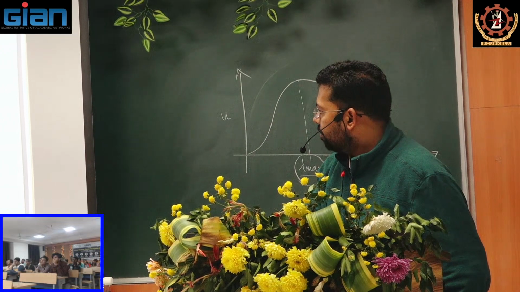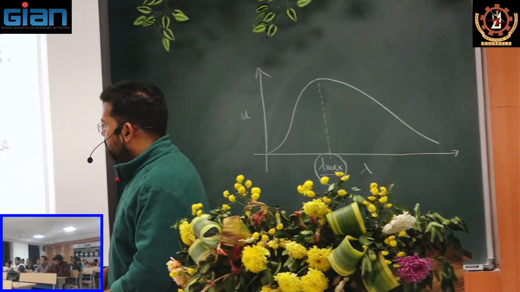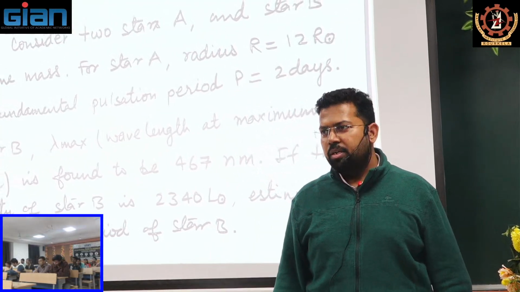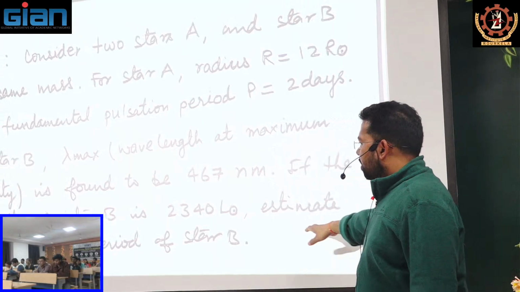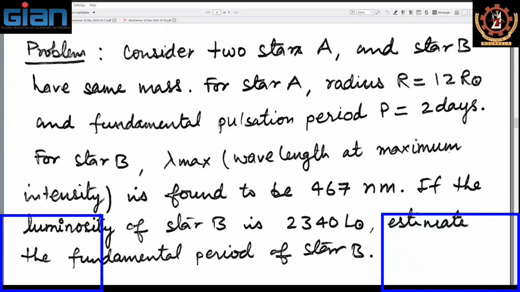Now, the luminosity of star B is 2340 times the luminosity of our sun. The question is: can we estimate the fundamental period of star B? For star A, we already know the period and the radius.